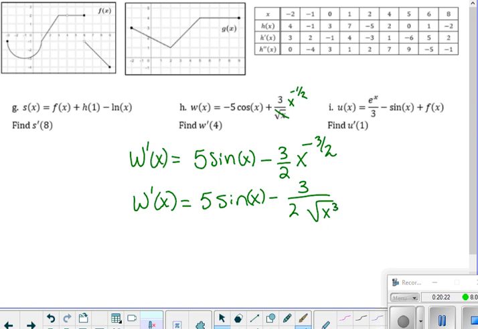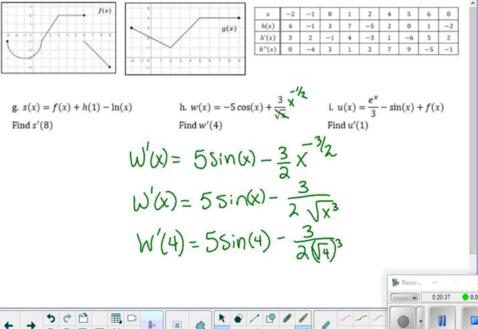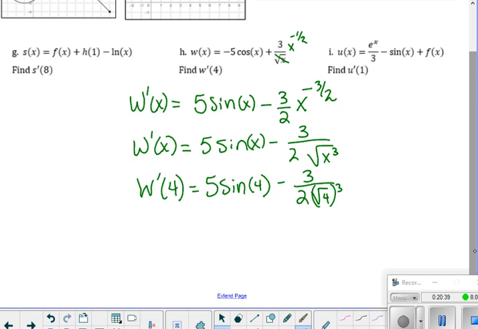Now we want to evaluate w prime of 4. 5 sine of 4, don't know that number, leave it. 3/2 square root 4, and then I think I'll cube, because I can take the square root a little bit faster in my head than cubing it and then taking the square root. So square root of 4 is 2, and so this would be 2 to the 3rd, wouldn't it?